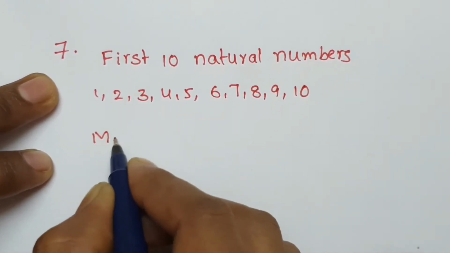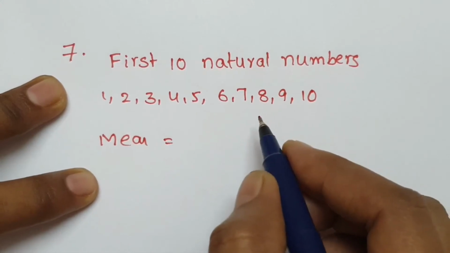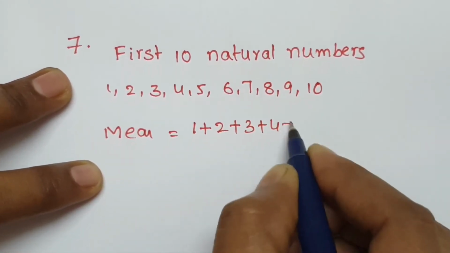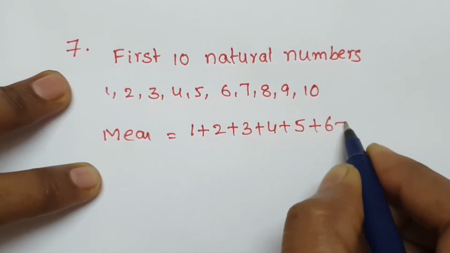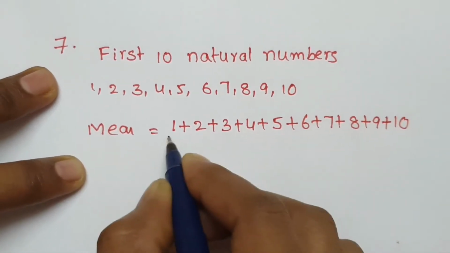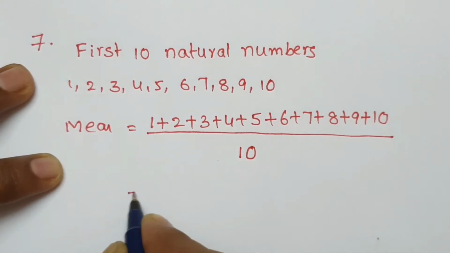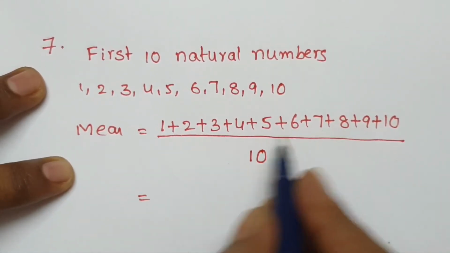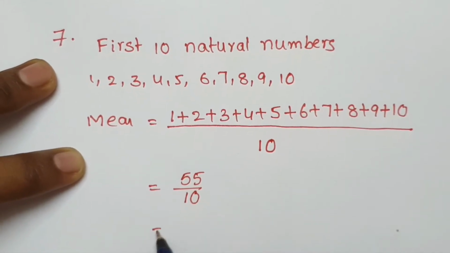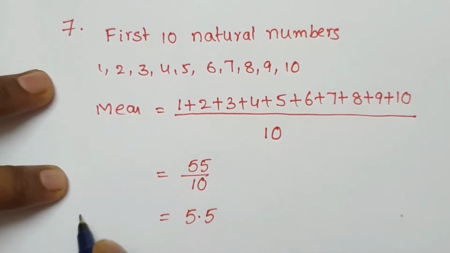So mean equals sum of all observations by number of observations, that means 1 plus 2 plus 3 plus 4 plus 5 plus 6 plus 7 plus 8 plus 9 plus 10 by number of observations. How many observations? 10 observations. Total, add, we get 55 by 10. 55 by 10 means 5.5. This is the mean.